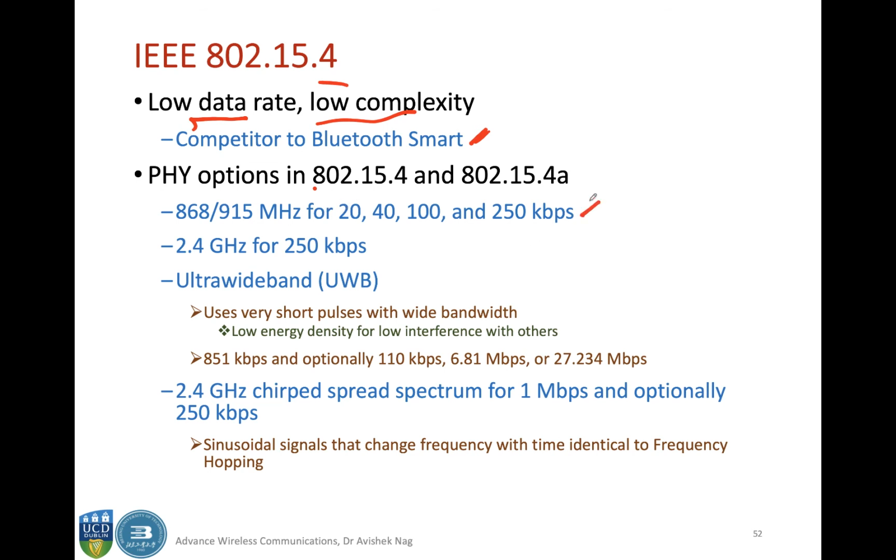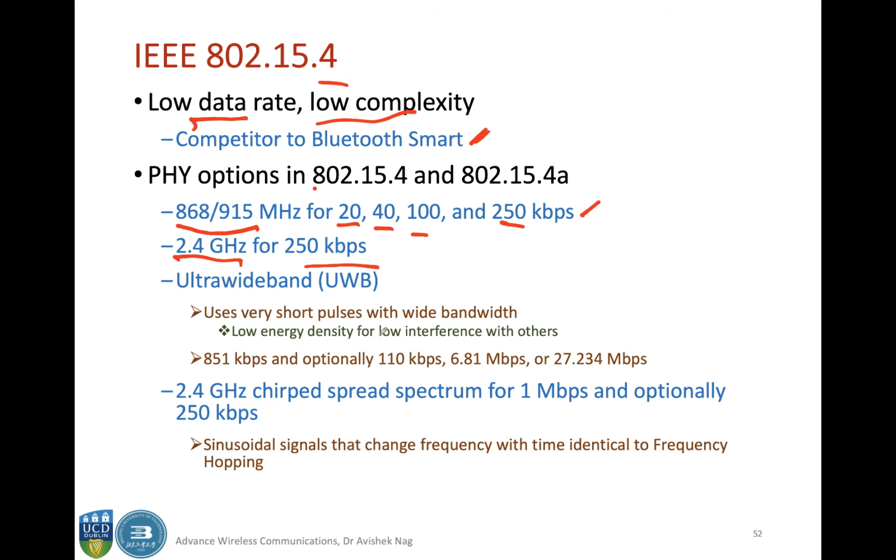These are the options. You can operate in the GSM band, which is these frequencies, for data rates of 20, 40, 100 and 250 kilobits per second. You can also operate in the 2.4 gigahertz band with 250 kilobits per second. You can operate in the ultra wideband mode also.